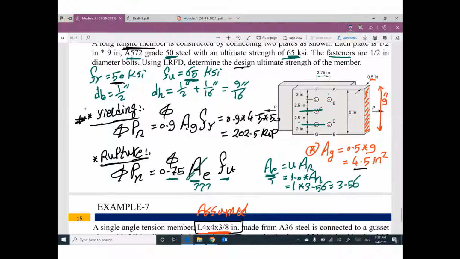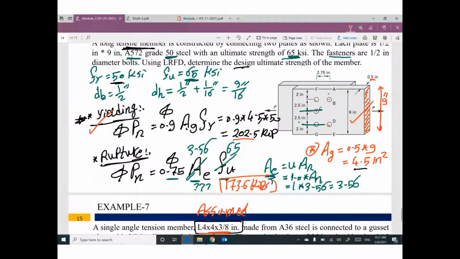Put your number here, 3.56, multiply it by 65 by 75.75 is wrong; rather, multiply by 65 ksi by 0.75. This number will be 173.6 kips. So guys, this member to satisfy yielding can support a load of 202.5 kip.